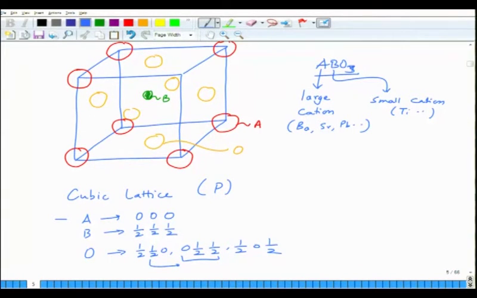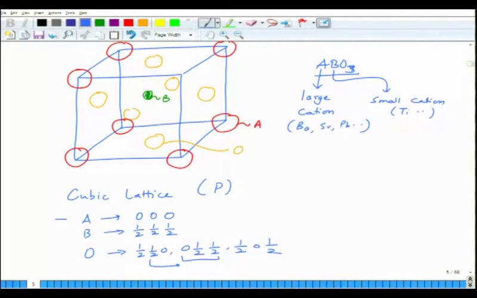You need to explicitly mention them, because in an FCC lattice the lattice vectors are half, half, 0, half, 0, half, and 0, half, half. But in this case the primitive lattice vectors are 1 0 0, 0 1 0 or 0 0 1. As a result you can't get the other points, okay.